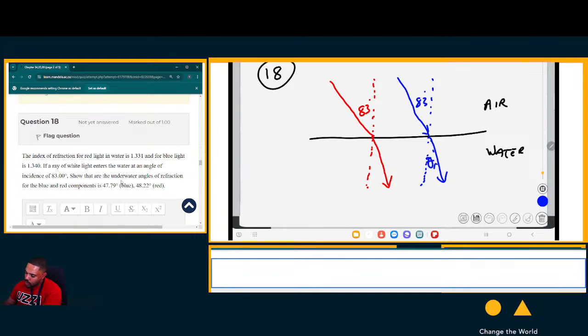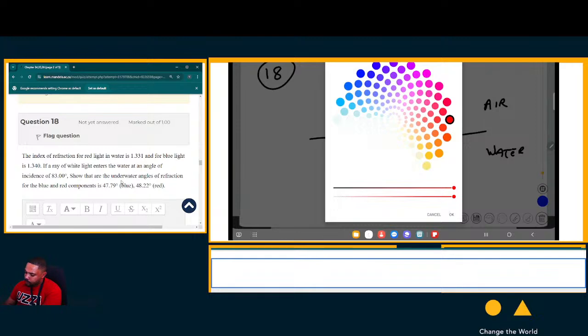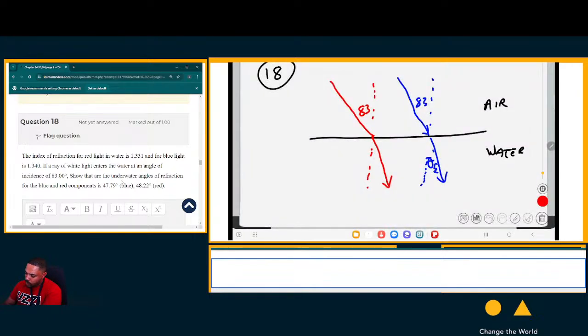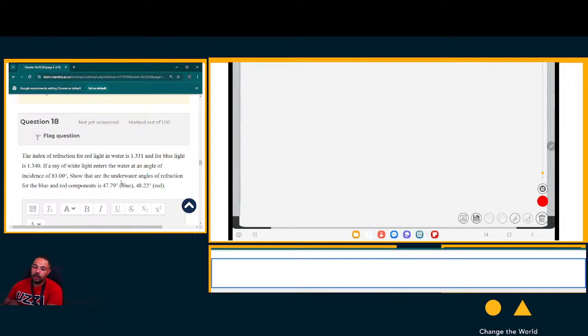So this is theta r2, and this is theta r1. We need to calculate these two angles, theta r1 and theta r2, for blue light and for red light. Let's calculate it first for red light.